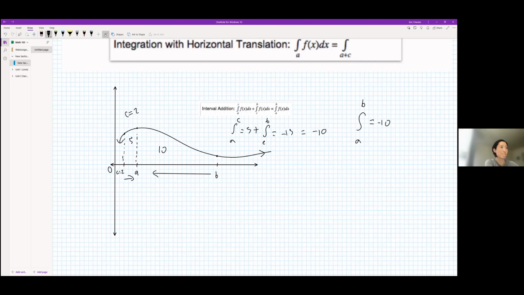And folks in group 3, I don't know if people knew what room they were in, but if you were in that room, how does this compare to what you had for interval addition?